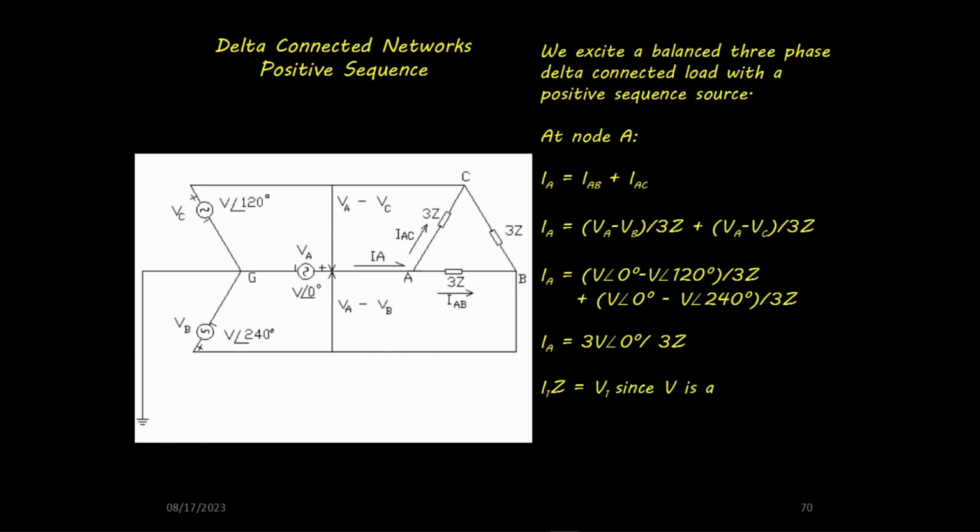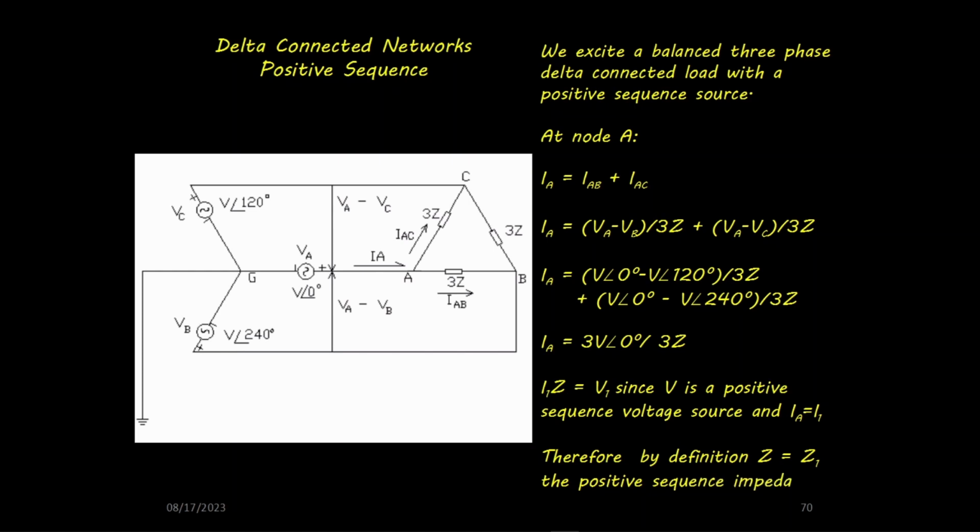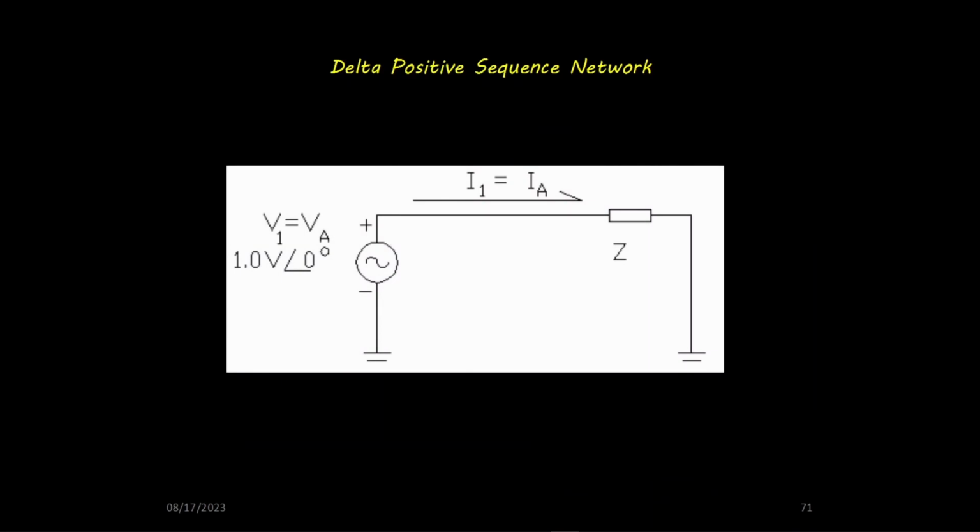I1Z equals V1 since V is a positive sequence voltage source and IA equals I1. Therefore by definition Z equals Z1, the positive sequence impedance. The same also applies for the negative sequence impedance. Therefore the positive sequence networks for the delta and Y networks are the same.